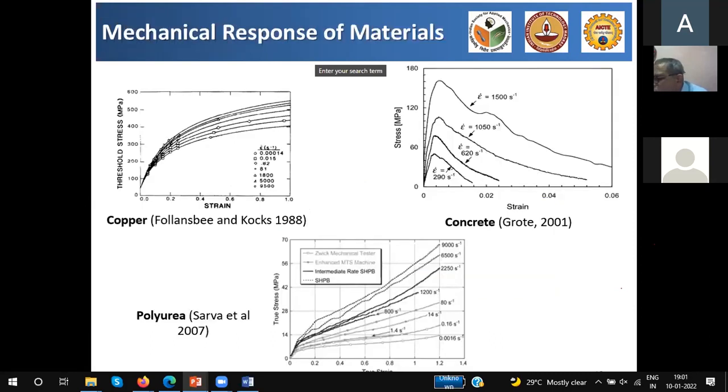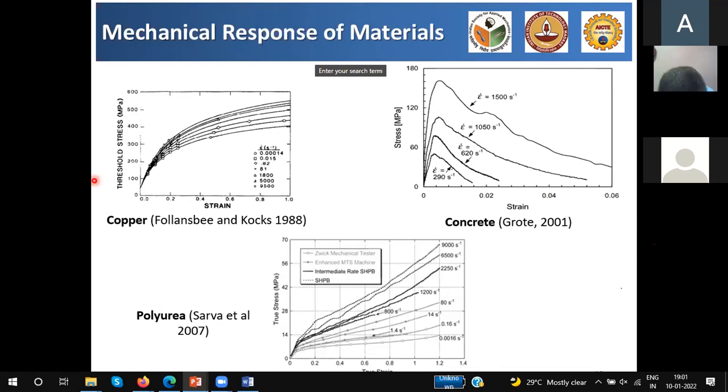So proceeding further, if you look at the stress strain curves at different rates, some of you are working on high strain rates, you find that there is a wide range of behavior and that needs to be captured. If you take some material like copper, the initial modulus seems to be okay, but afterwards there is a lot of change with the non-linear portion of the curve, which keeps changing with strain rates.